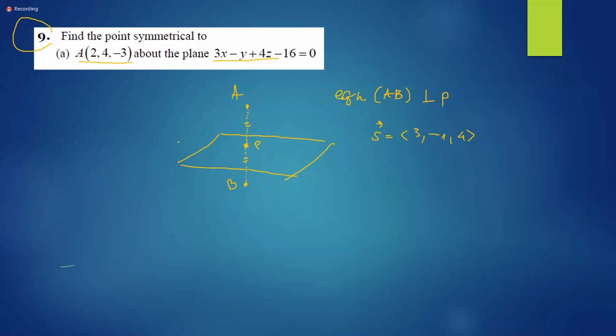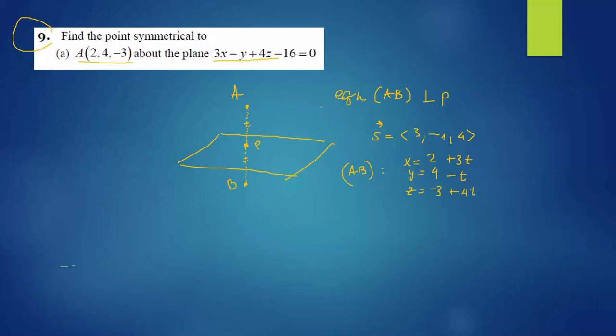X, Y, Z: the point through which it passes is 2, 4, minus 3, and now the parameter: plus 3t, minus 1t, plus 4t. This is the parametric equation.